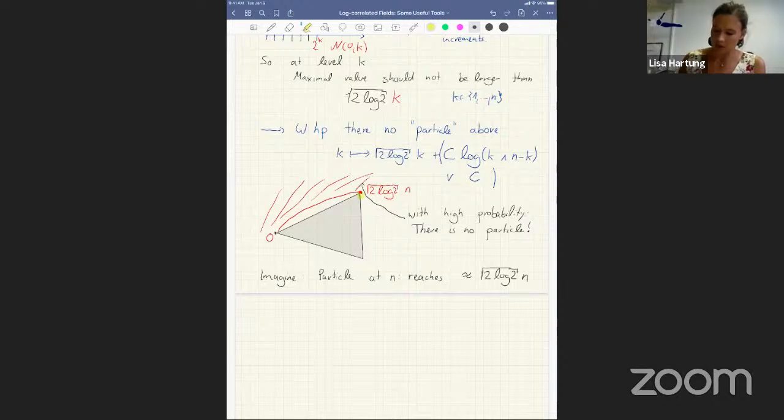So then this means, so to this particle, we can find a path. Actually, to this yellow particle, there is a random walk path from 0 to this location that never enters the forbidden region.